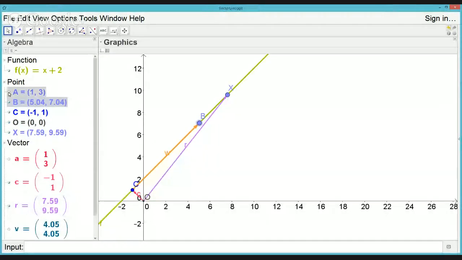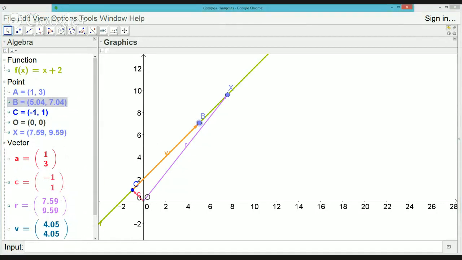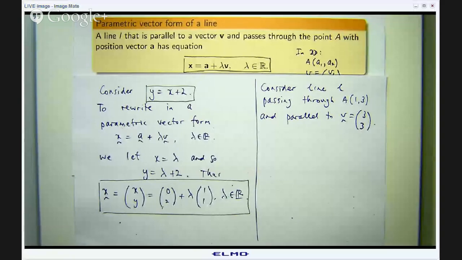Let me show you, with this point and a stretched or compressed multiple of this vector. So let's get back to the page. I'm going to show you that this turns out to be the line that we've just been working with, y equals x plus 2.